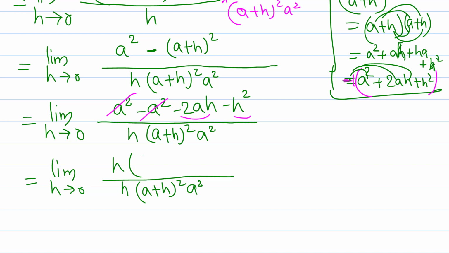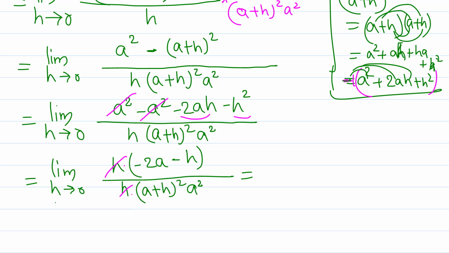That leaves negative 2a minus h squared, with one h factored out. Now once we factor h out, we can cancel, because it is h times everything. That leaves the h from the bottom gone, so the zero-making factor is gone.